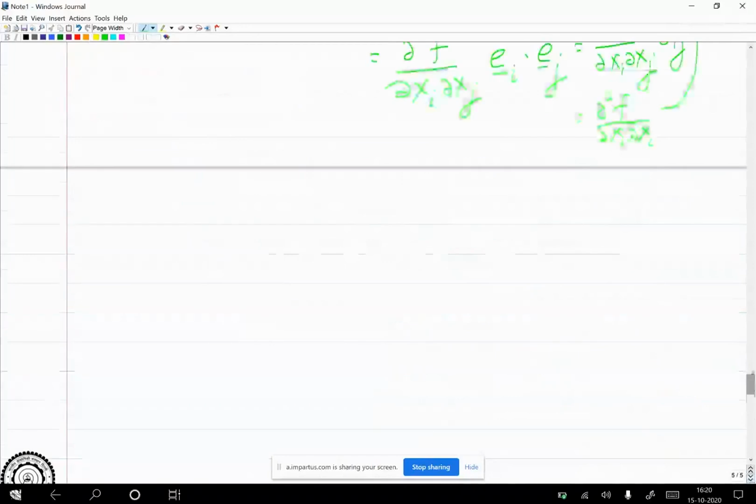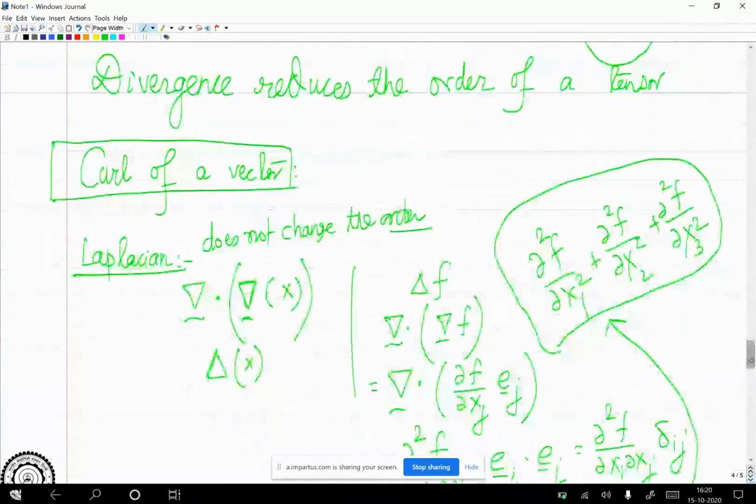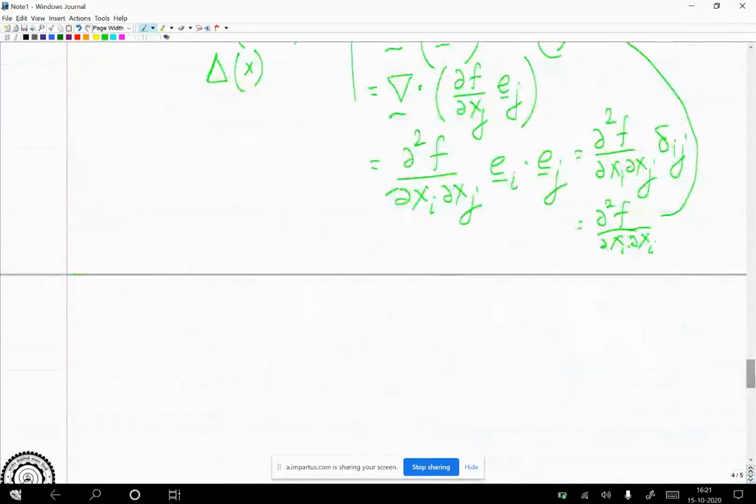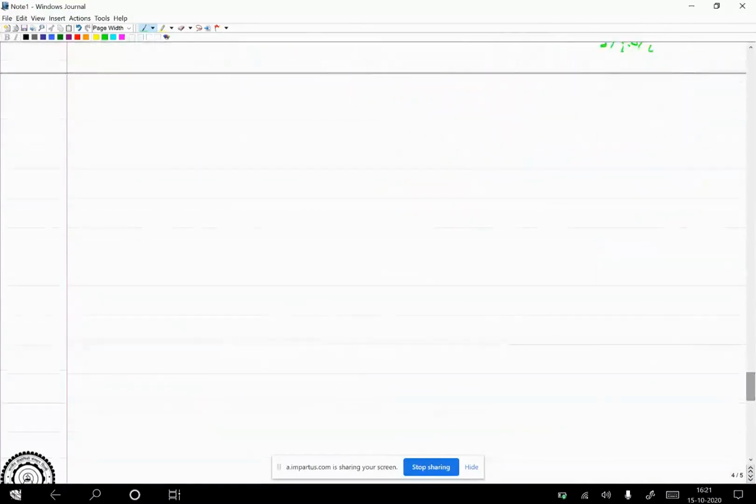You can likewise do Laplacian of a vector quantity. So let me see what is that coming out to be. Suppose I want to do Laplacian of a vector v. So Laplacian of v, by definition, is divergence of gradient of v.